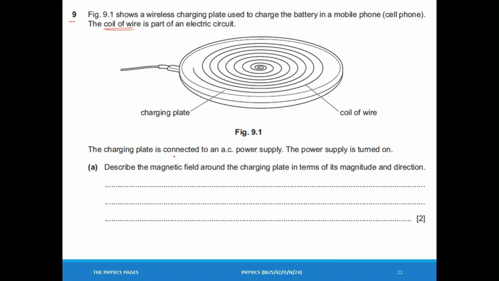The charging plate is connected to an AC power supply. The power supply is turned on. Before I go for the question, I would like to talk about what AC is. We know that AC is alternating current that usually has an output like this.